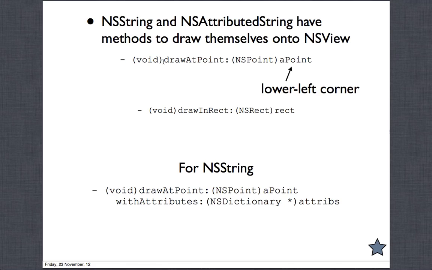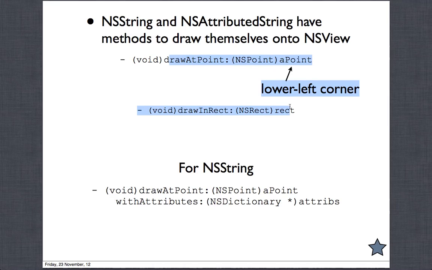You can use the method draw at point, and the point is by default the lower left corner, so it puts it at 0, 0. You can also draw it inside some rectangle, and you have to create an NSRect before and pass it here, and this is where it's going to be drawn. Now, if your string is bigger than this rectangle, then it will just be cut. So you will only see what the size of your rectangle is.